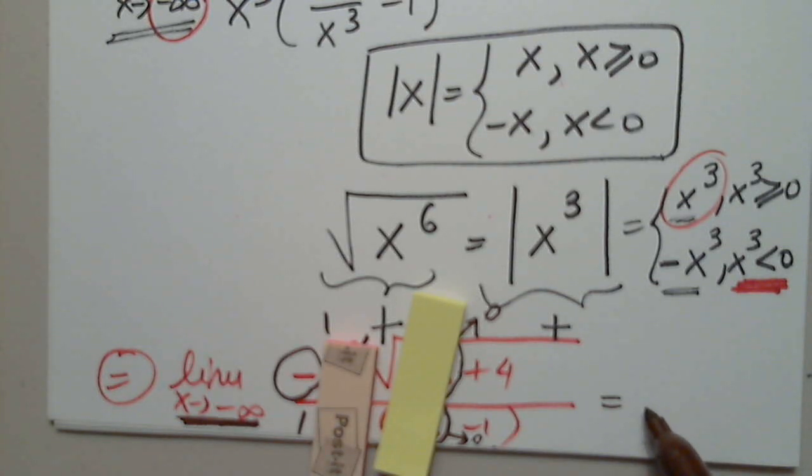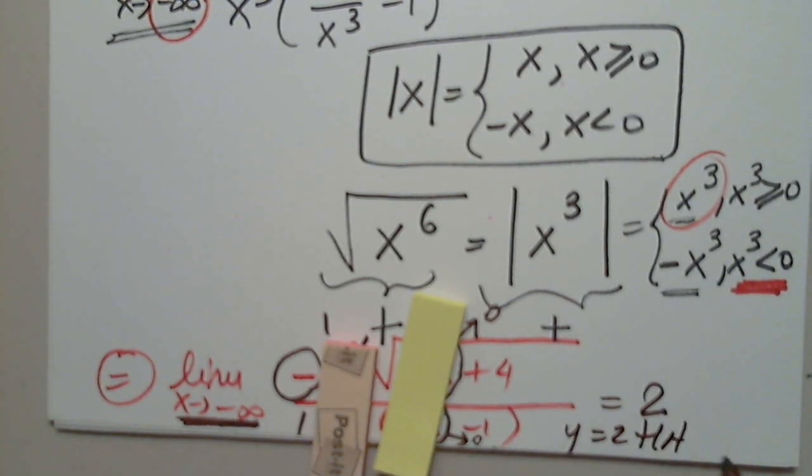I know everyone knows what the square root of 4 equals. I have no doubt. 2. Negative, the square root of 4 will be -2 divided by -1. The answer is 2. I have to write y equals 2 horizontal asymptote.